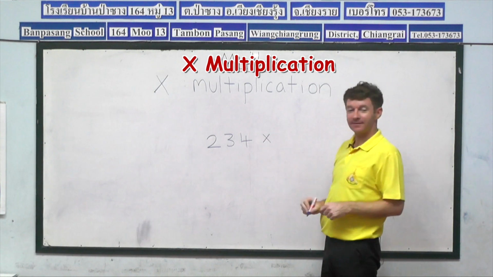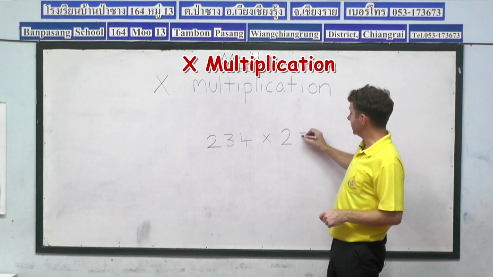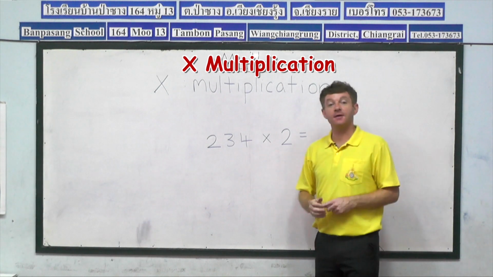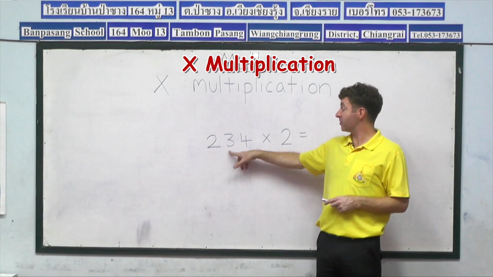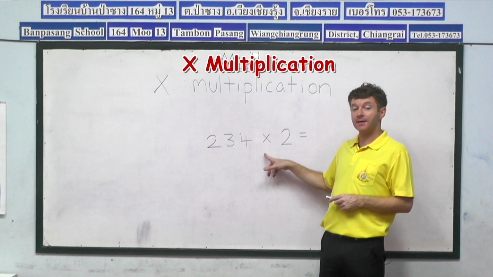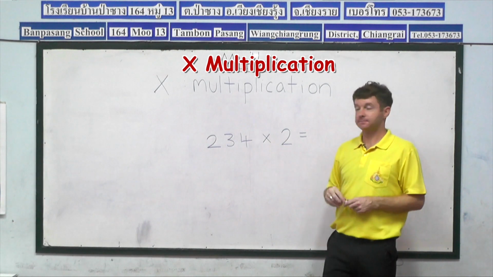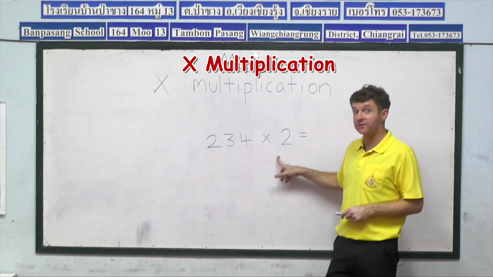Multiplied by 2. Okay. Equals. So let's see, we have 234 multiplied by 2. A 3-digit number being multiplied by a 1-digit number.